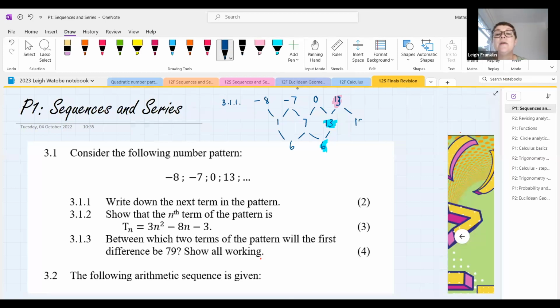So it would be 19. So 13 plus 19 means that this next term is going to be equal to 32. That's it. Okay, good. So writing down the next term in the pattern, we've got 32.